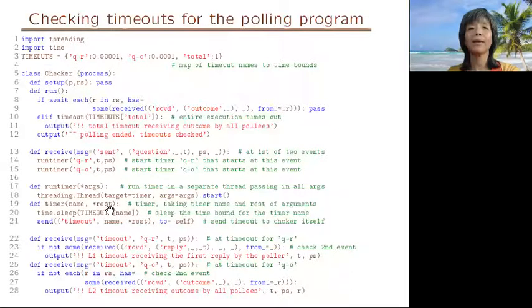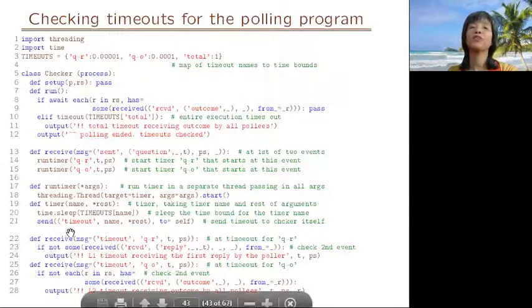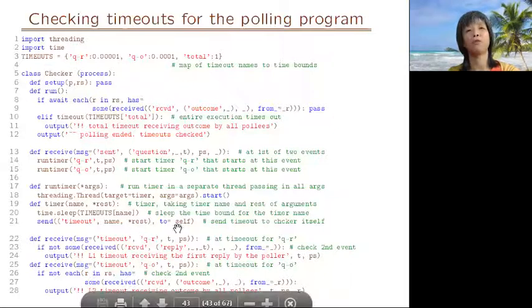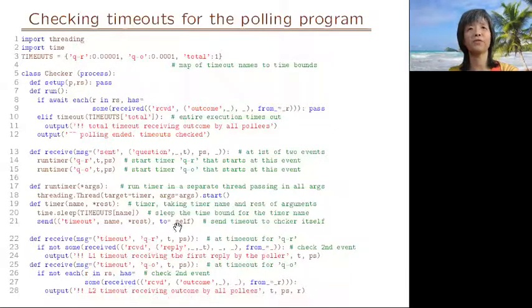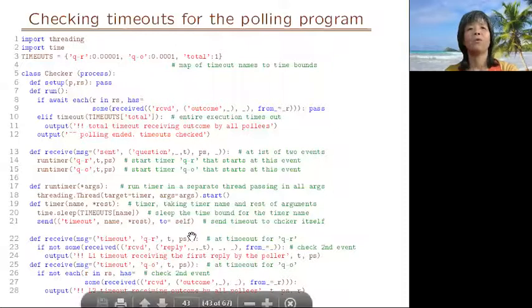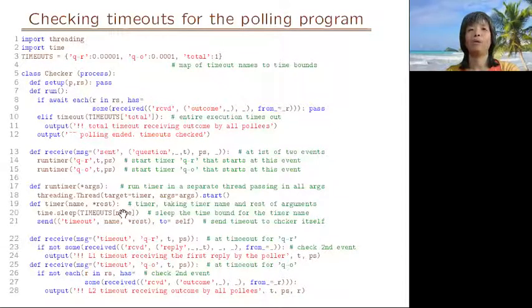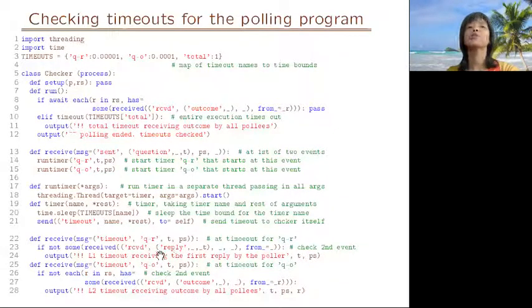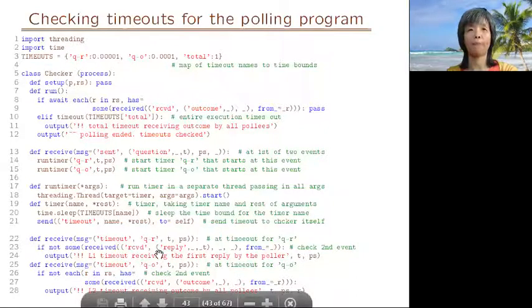All it does is sleep a certain amount of time, which uses that name to look up the timeout in the timeout table, sleep that amount of time, and when that's finished, send the timeout with that name and the rest of the arguments to self. Remember, this is in the checker itself, okay? So that's mostly done. When the checker receives the timeout, the first kind with some parameters, it just checks the property it wants to check, okay?